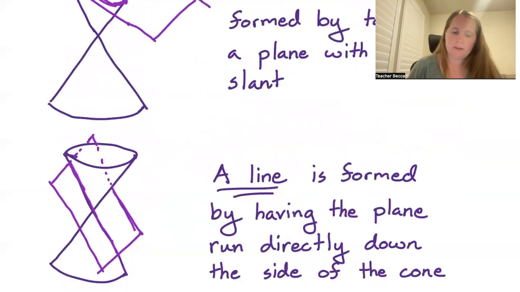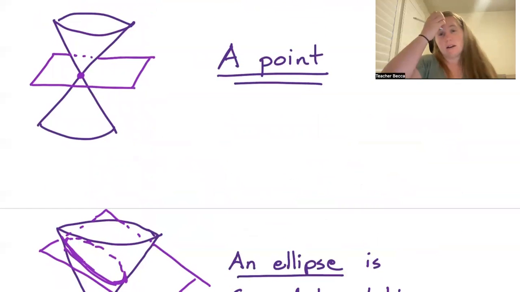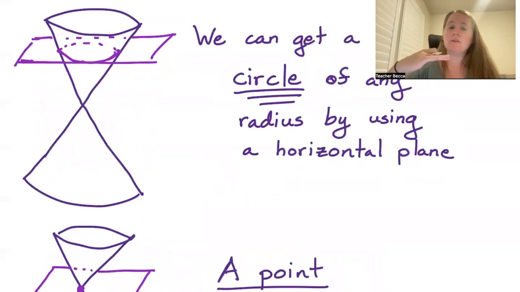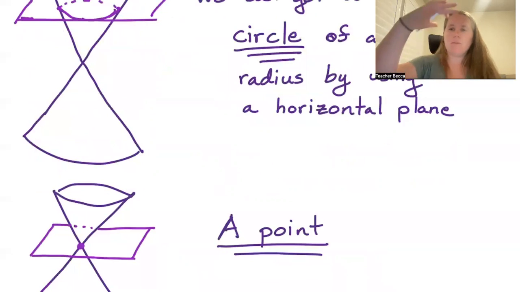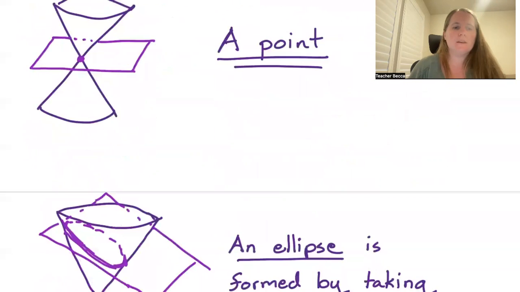Right. So essentially what we've seen is if we take sort of horizontal planes, we get a circle. If we happen to drop that horizontal plane down so it intersects at the point of the cones, we get a point.